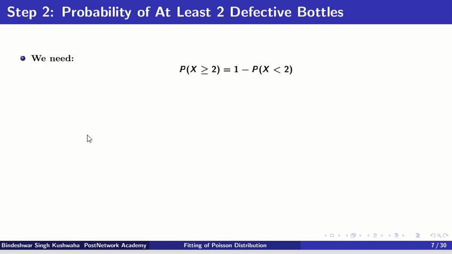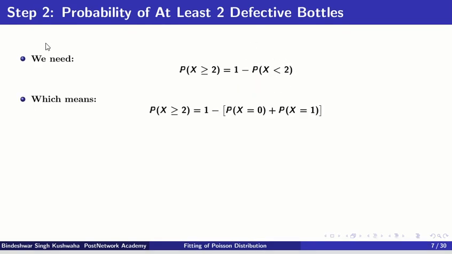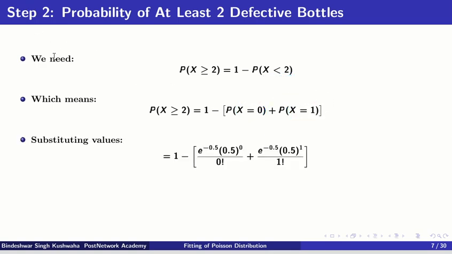Thereafter we need P(x) greater than or equal to 2, which would be 1 minus P(x) less than 2, so that would be x equal to 0 and x equal to 1. So we will find out.